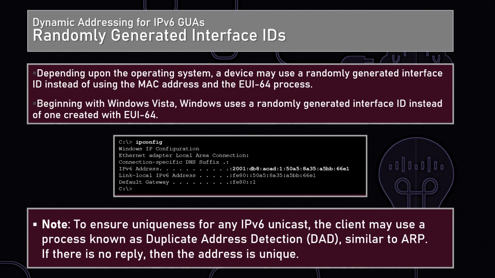I like dealing with the EUI method because the MAC address already has to be globally unique. The MAC address is made in two parts, as we recall. We have the vendor ID at the front, the first half, the first 24 bits. And then the second half is the interface ID that was generated when it was made. Because the vendor can only make X number of interfaces one time, there's only one complete MAC address that's going to be set.